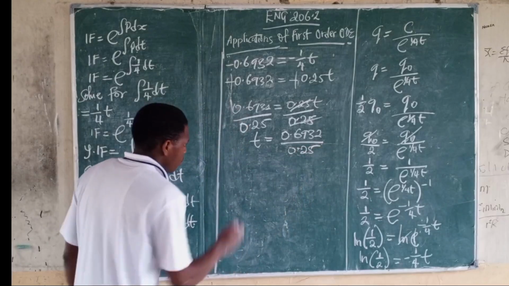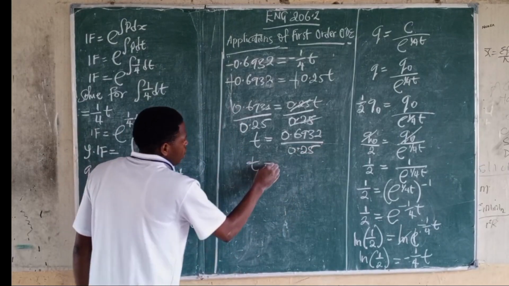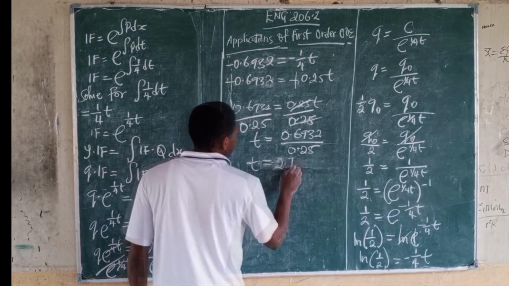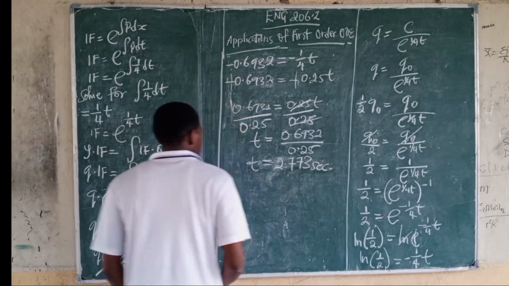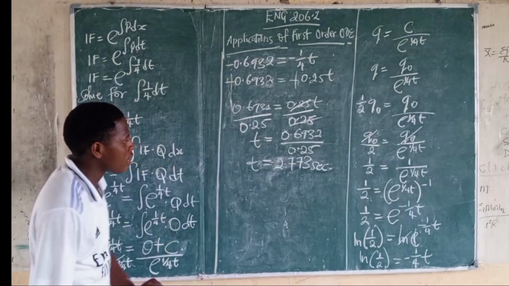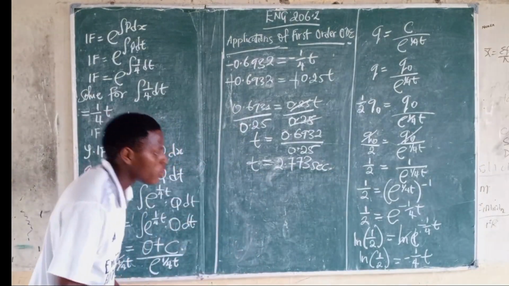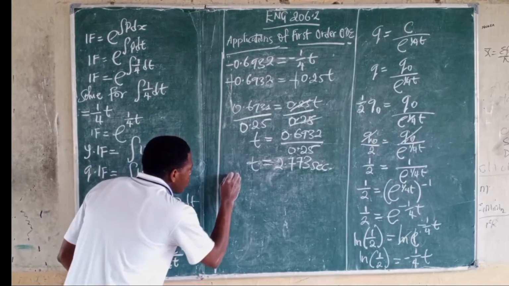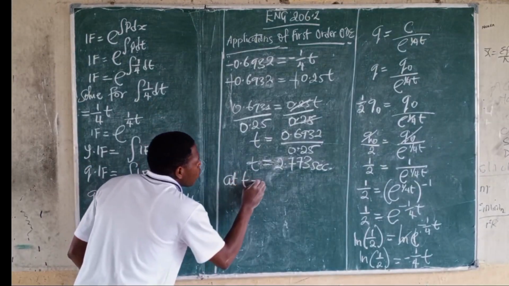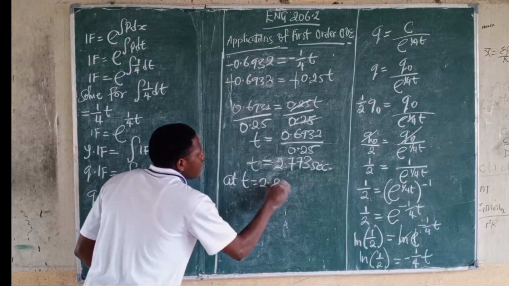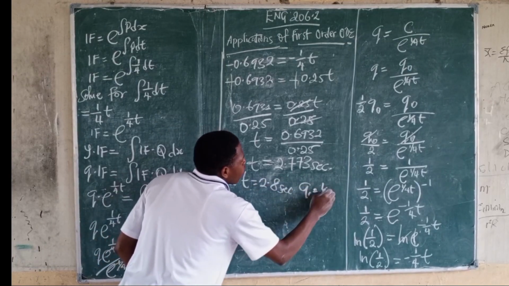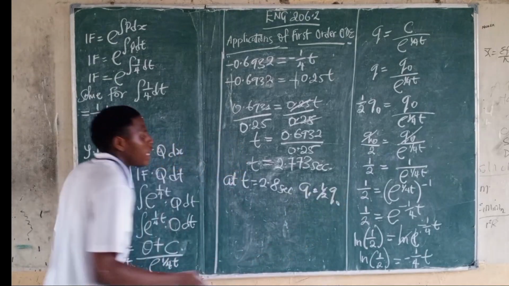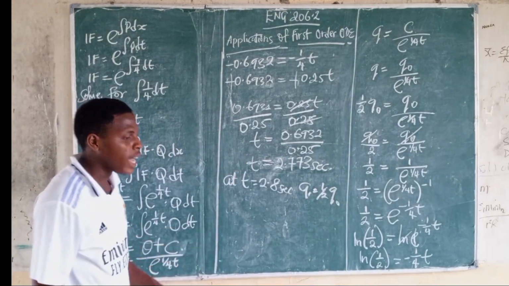What will your t be? 2.773. So your t will now be 2.773 seconds. So now we've arrived at getting our t. Now we can successfully say that at t equal to 2.8 seconds, we have Q to be half of its initial charge. And that was what we were asked to get.